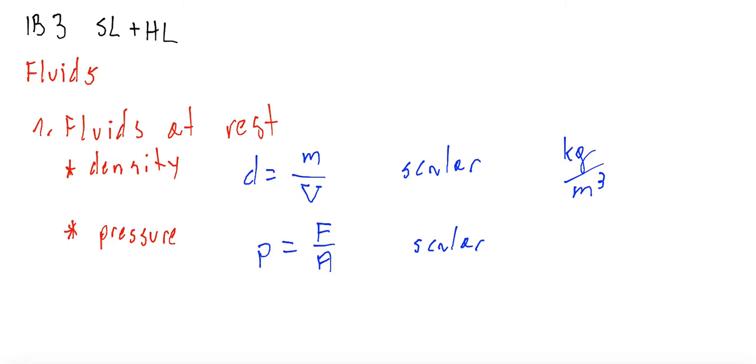Okay, the standard unit of pressure is of course Pascal, and 1 Pascal is when force of 1 Newton acts on the surface area of 1 squared meter. Okay, and you have to know that the value of atmospheric pressure is around 10 to the power of 5 pascals.